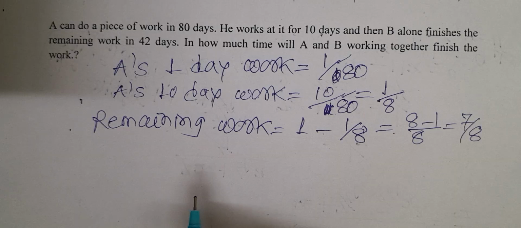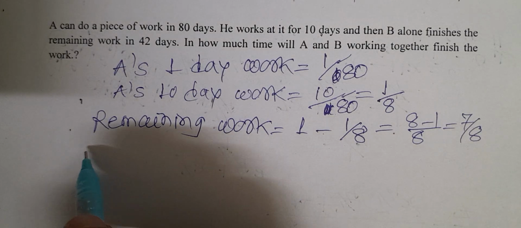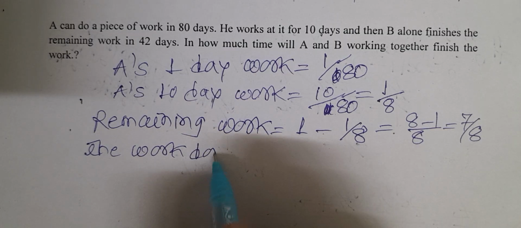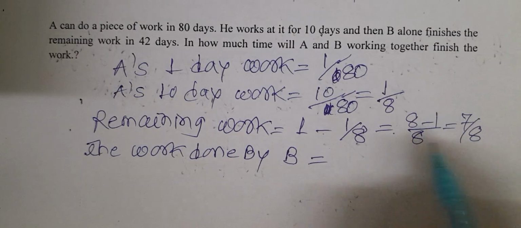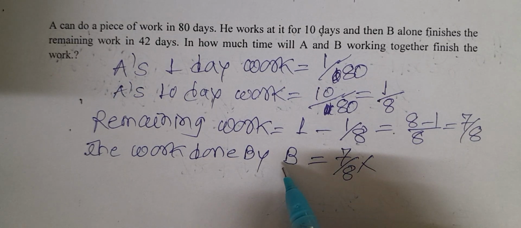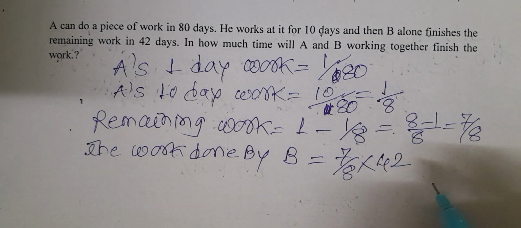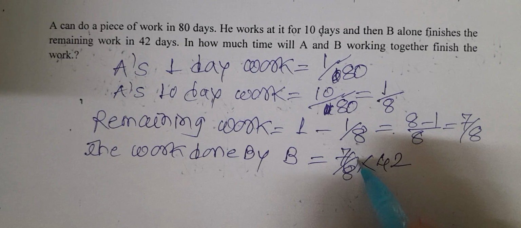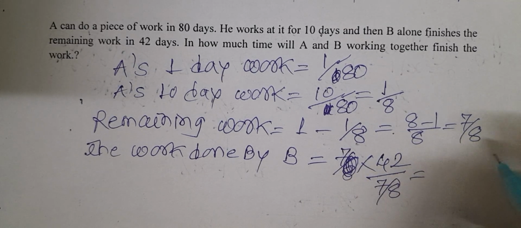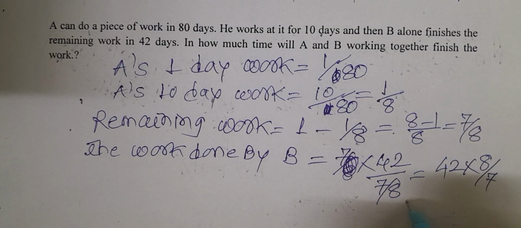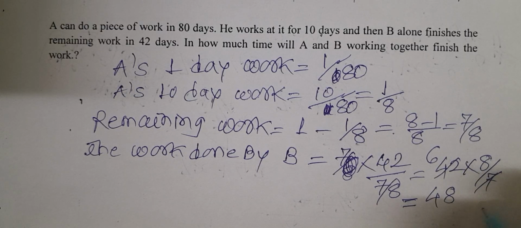So the whole work by B will be 42 into 8 by 7, so it is 48 days.